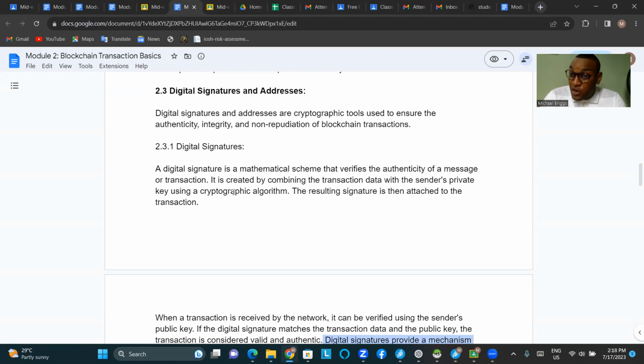And the original owner of the wallet is who? The one who possesses the private key. So if Alice gives out her private key and someone else uses the private key, accesses her wallet, sends money, that person becomes the original owner. That is why security of the private keys is very, very important.